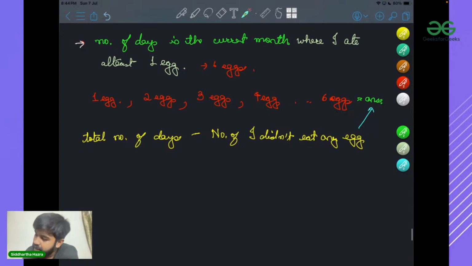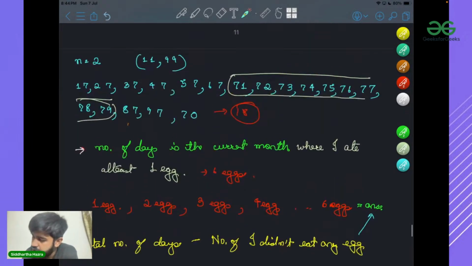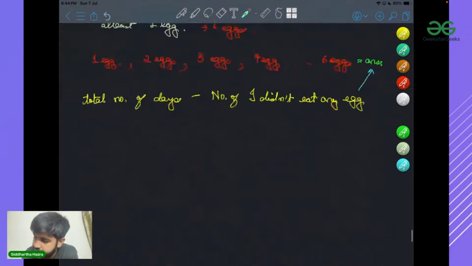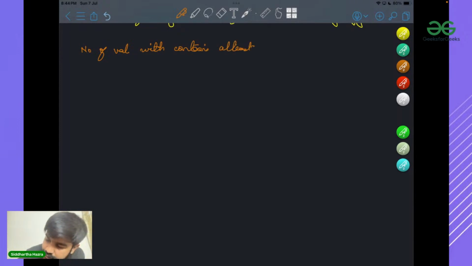Fair enough? Here also, in this question, what is asked? Number of values which contain at least one 7.